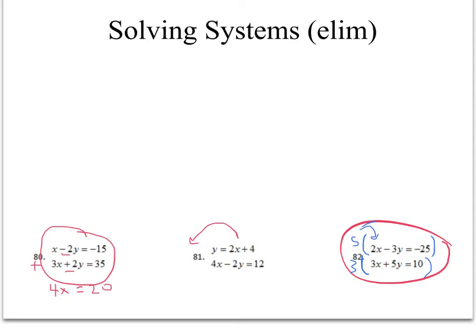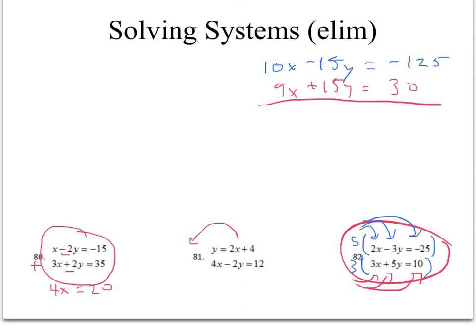And so I will have opposite coefficients, and I will be able to solve by using the elimination method. So what I'm going to do is distribute the 5, and I'm going to write this above. So I have 10x minus 15y equals negative 125 in my first equation. In my second equation, when I distribute 3, I get 9x plus 15y equals 30.